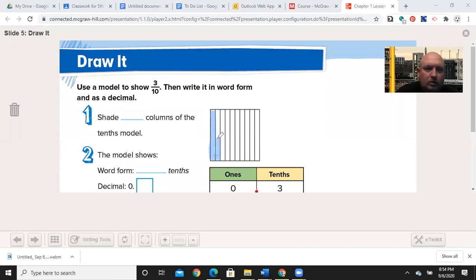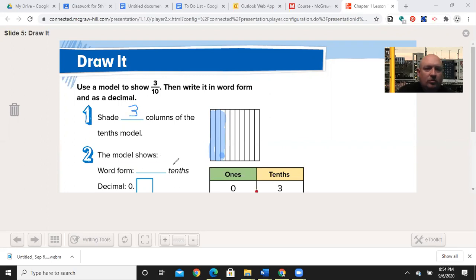Ooh, much better. All right. So how many columns did I shade in? 1, 2, 3. So I'll put in my 3.